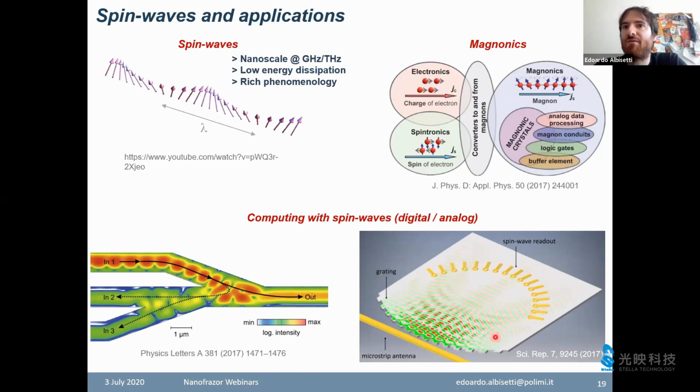This is a first simulation of a device that excites spin waves in this location, and the different exciters produce the interference pattern within the film. Then you pick up the signal in different positions of the chip, and depending on the position you pick a different frequency of the spin wave. So you have basically a spectrum analyzer, but using spin waves instead of conventional electronics. These are the two big paradigms for spin waves.